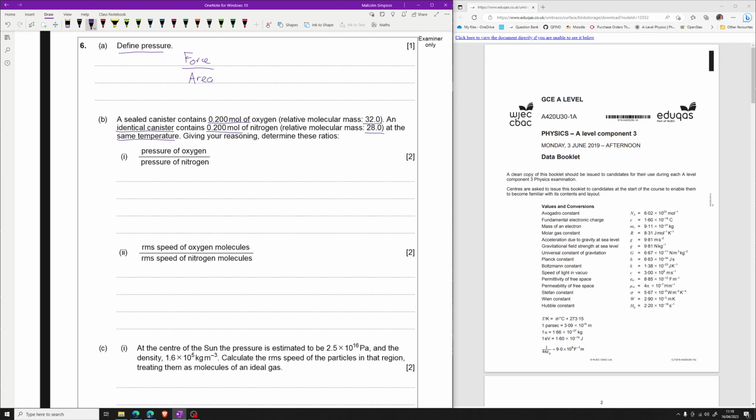We're going to want to use the ideal gas law to answer this. So PV equals nRT is what we're going to use.